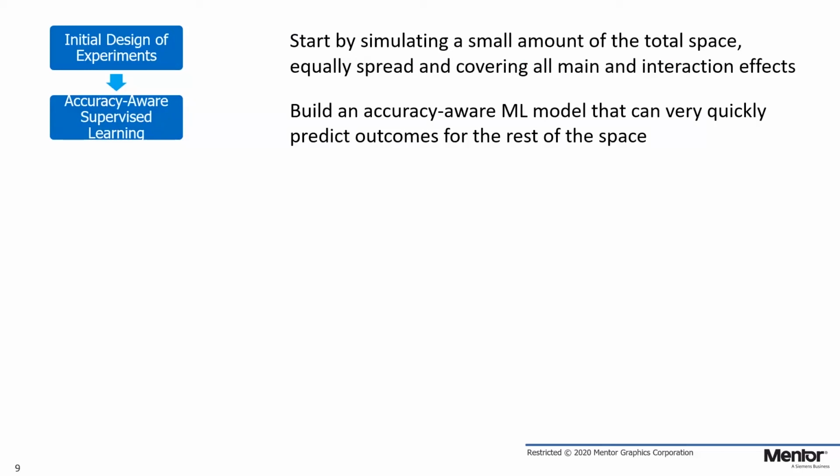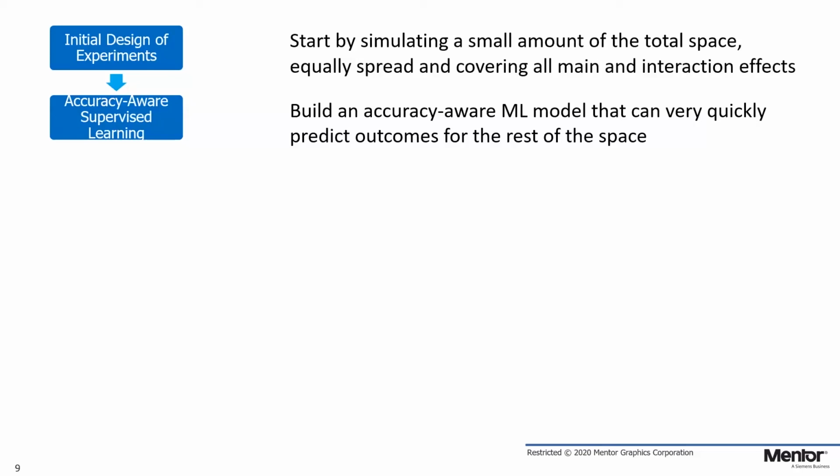We're going to use that accuracy later in the algorithmic approach to do some really cool stuff too. But we're going to build an accuracy-aware model. Now, it's not going to be very good yet. It's only been built from that design of experiments data. It's not going to be refined in areas of interest, or in areas where things are changing, those low voltage drop-offs and so on. It's not going to know where those knees of the curve are, but it's going to give us a general idea of where that stuff is happening.